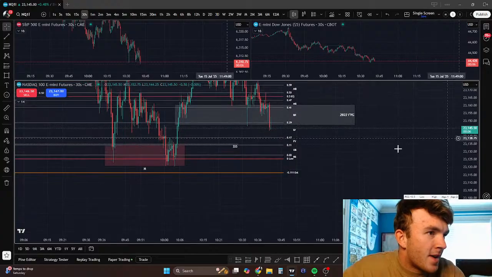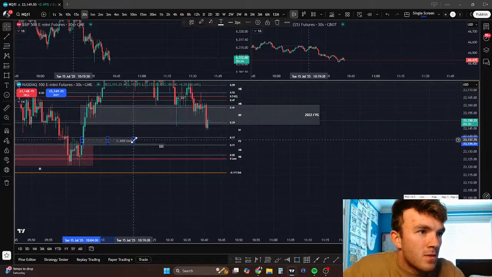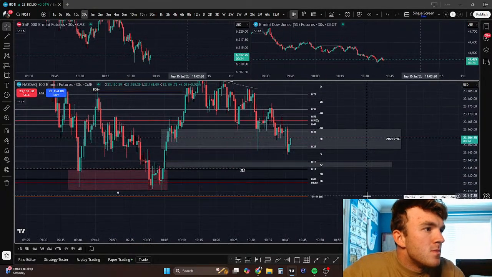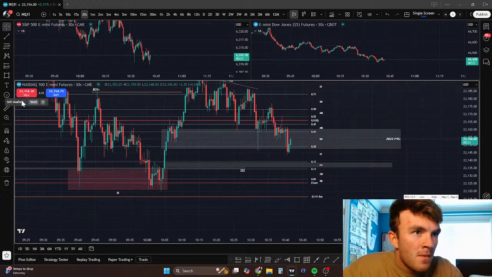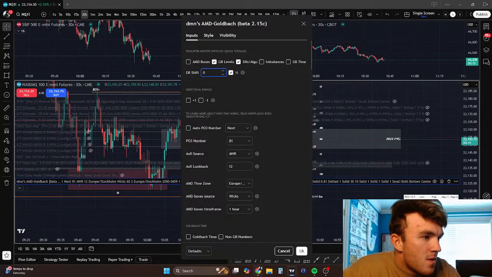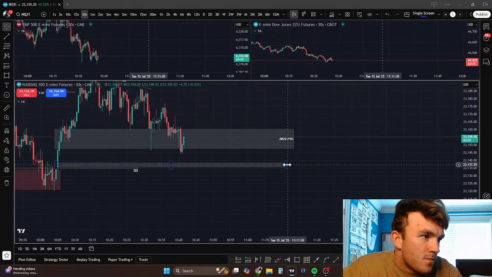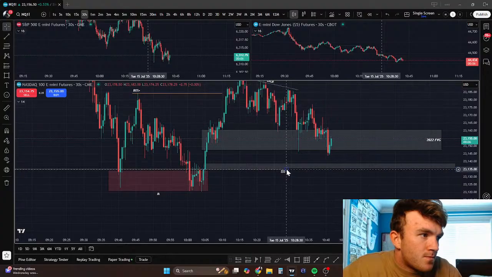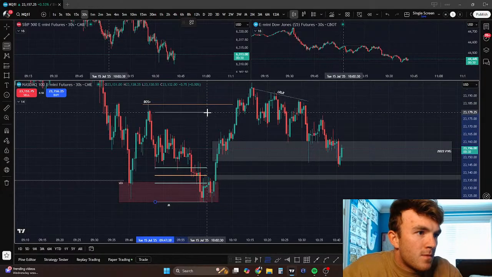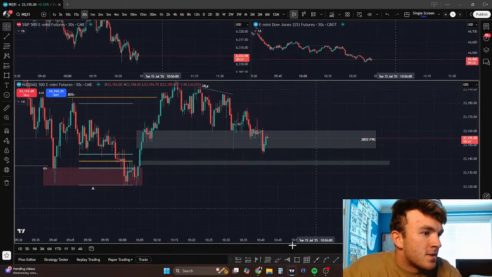So watch this fair value gap right here, as well, it's OTE too. Oh my gosh. Watch this, I'm going to bottom tick it.